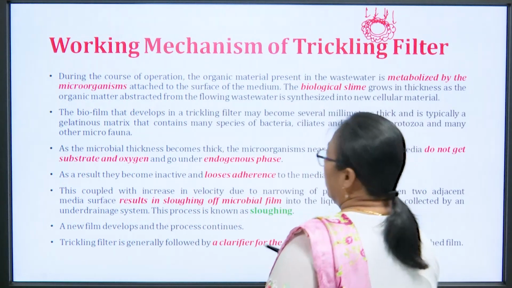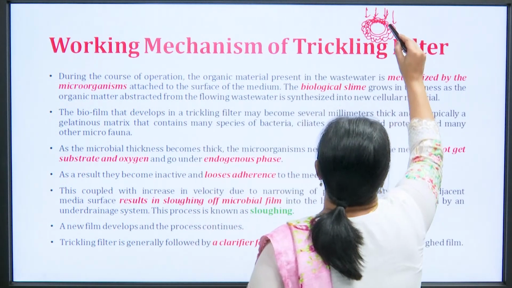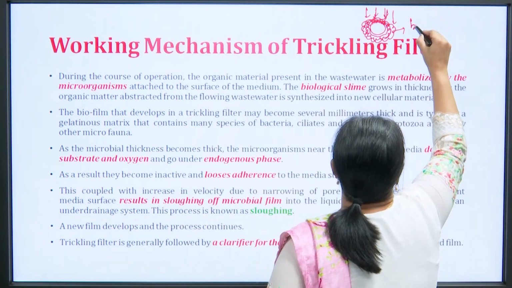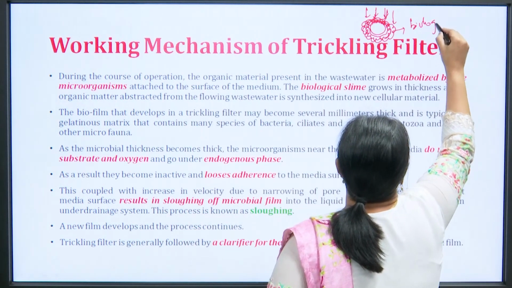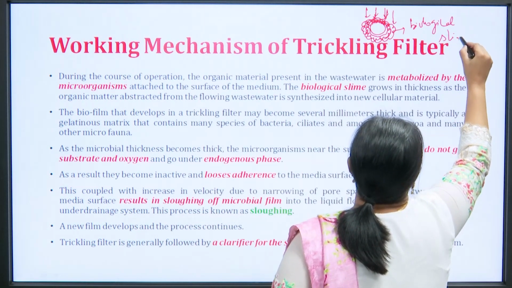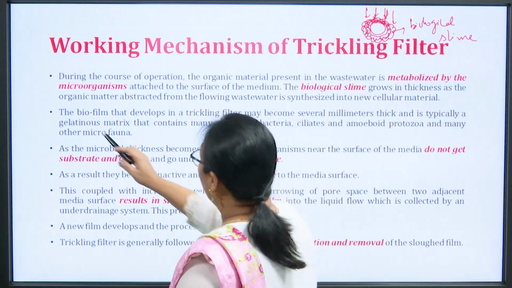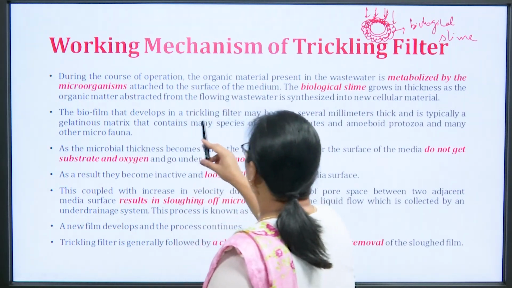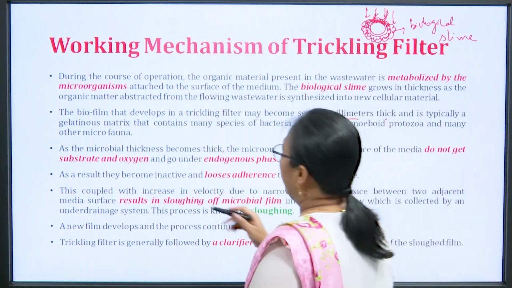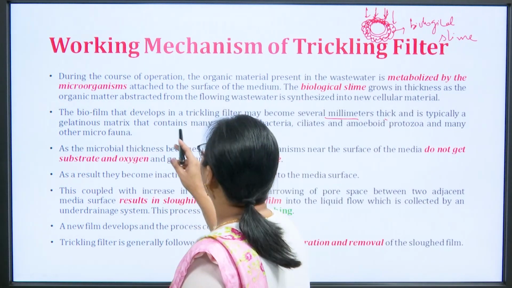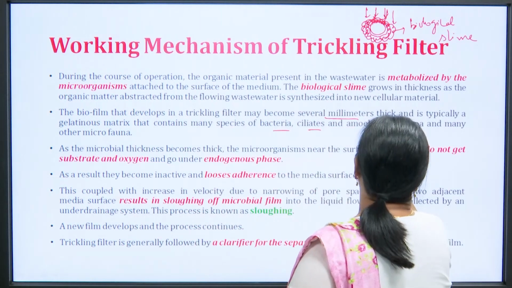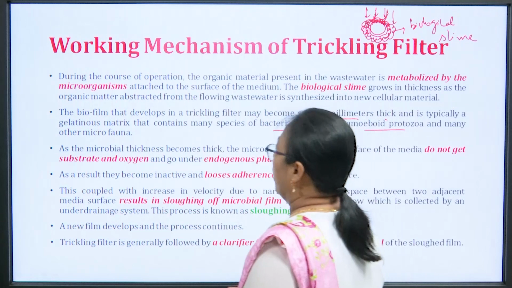Now, what will happen? So, this is the biological slime, you can say slime, you can say film, whatever you want. The biofilm that develops in a trickling filter may become several millimeters thick and is typically a gelatinous matrix that contains many species of bacteria, ciliates and aerobic protozoa and many other microfauna, right.